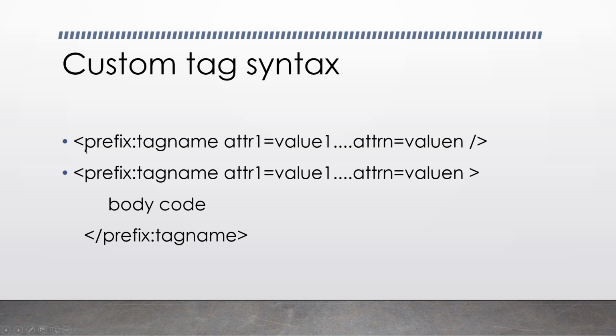It has the same structure as the single self-closing tag for the starting tag, but the ending tag is different. We need to put the prefix and the tag name. We can enter some body code between the starting tag and the ending tag.